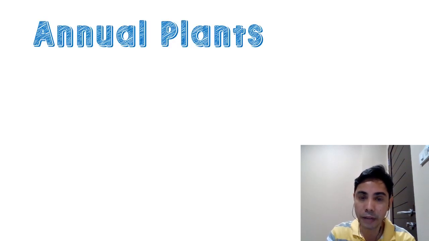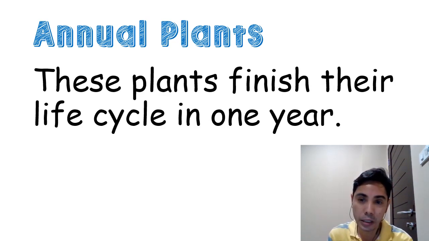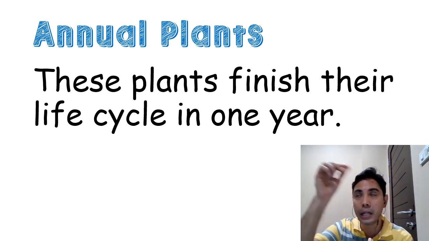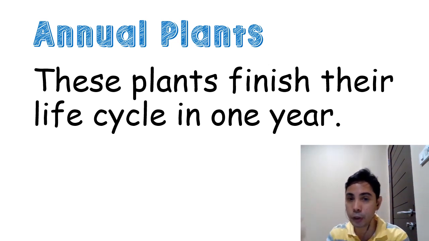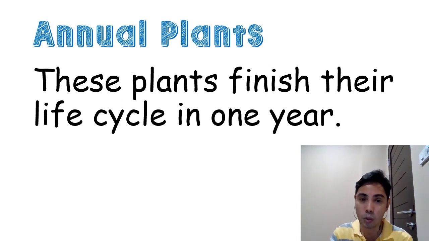Here is an example of an annual plant. These plants finish their life cycle in 1 year, only 1 year, from a seed into a baby plant and then into a bigger plant, and then have flowers and then fruits and then die. After they die, after 1 year, we start all over again.